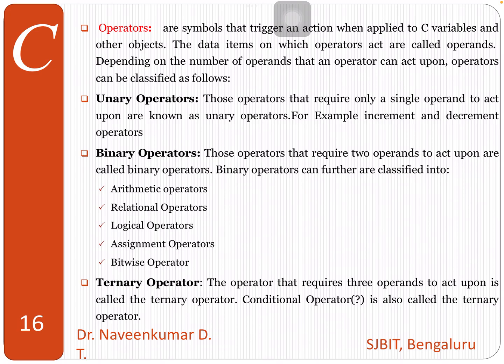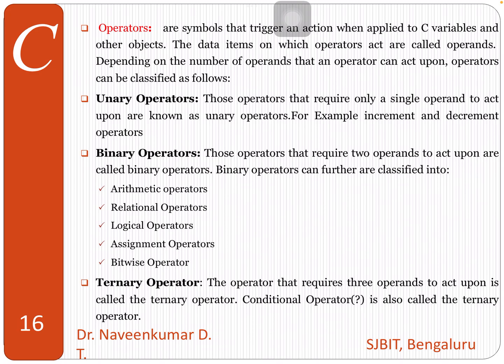Unary operators are those operators that require only a single operand to act upon. For example, increment and decrement operators. The increment operator is i plus plus, the decrement operator is i minus minus. Later we'll be using these increment and decrement operators in almost every C program.